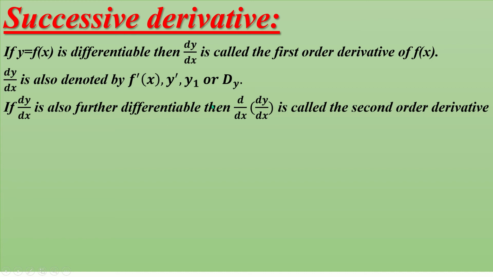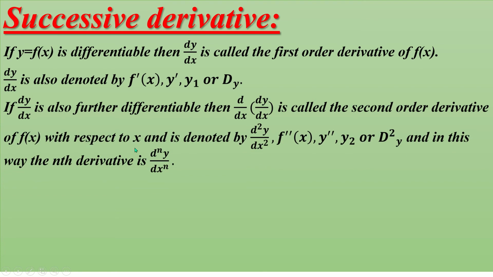Then the derivative of this, that means dy by dx with respect to x, is called the second order derivative of f of x with respect to x, and is denoted d square y divided by dx square.